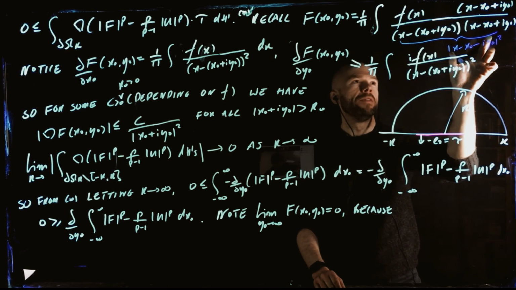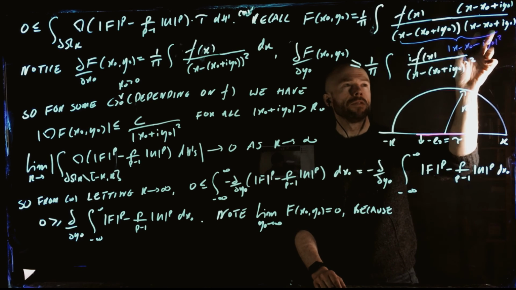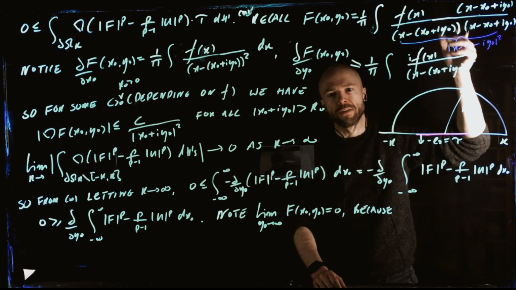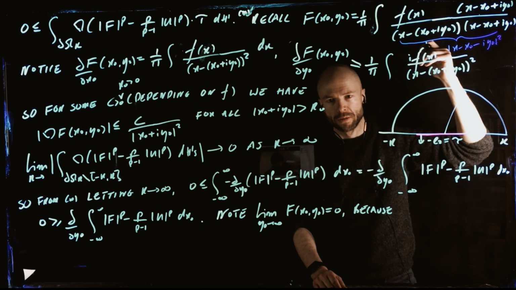And then this thing over this thing is of order of this thing, and as y0 goes to infinity, it decays. Are you guys happy with that?